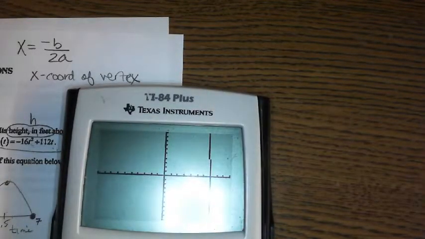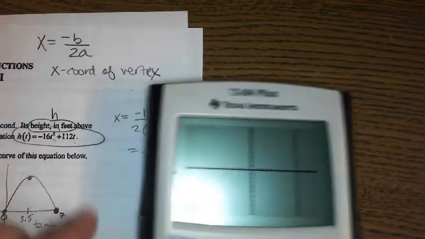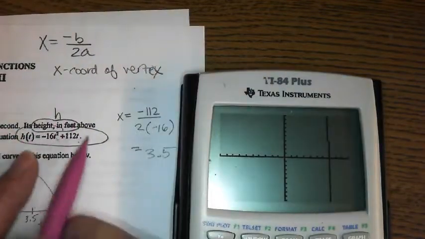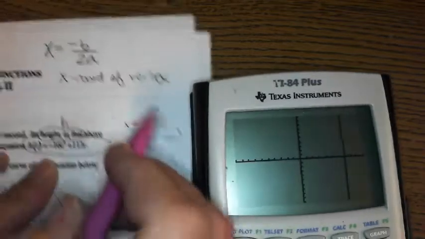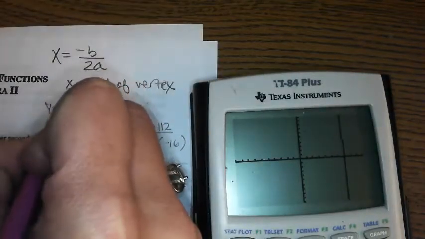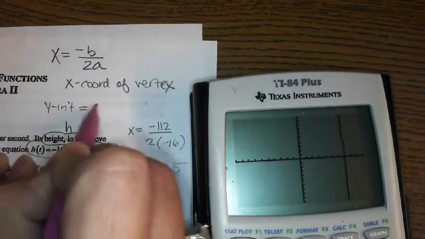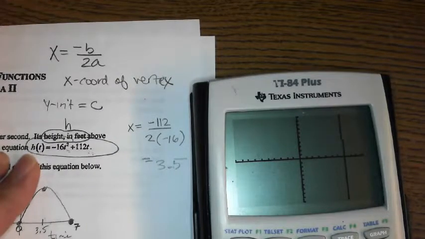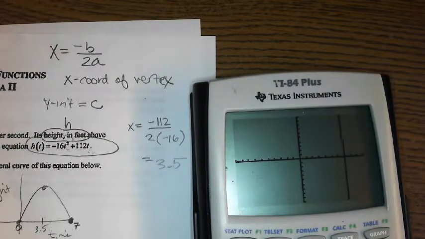Okay? Couple things, the most important things to help you get an idea. Look at your y-intercept. Are you guys aware that your y-intercept is always your c value? Because what does your flashcard say about y-intercept? Set x equal to 0, right?